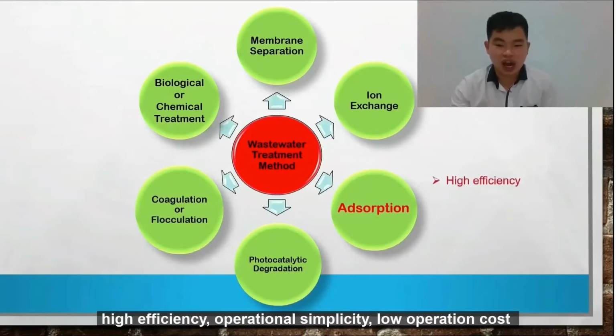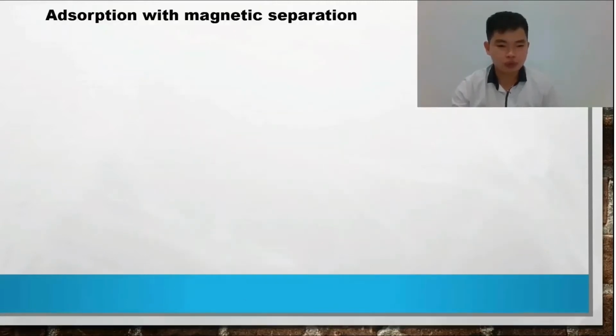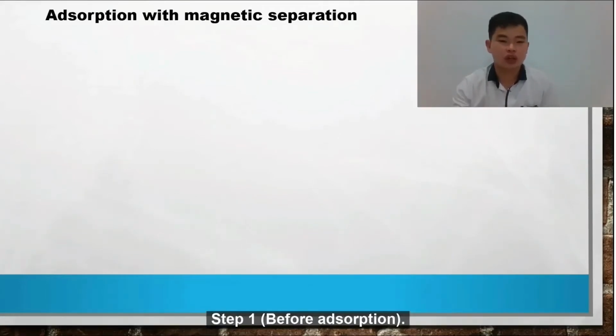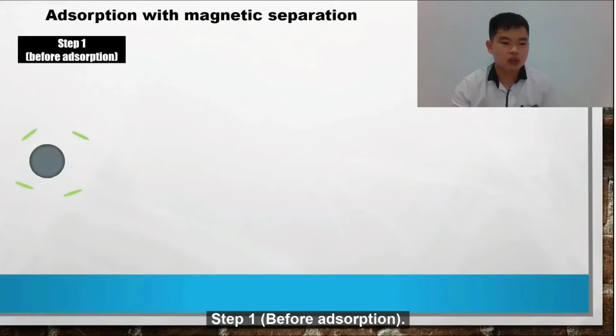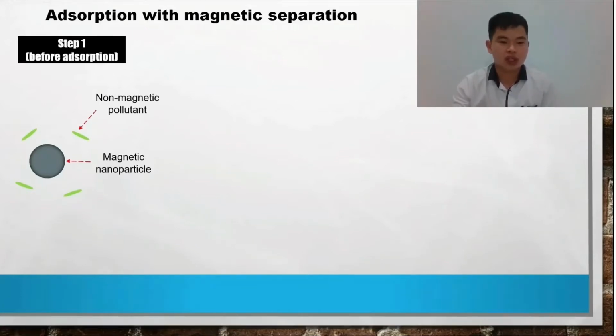due to its high efficiency, operational simplicity, low operation costs, and availability of a wide range of adsorbents in treating a bulk of pollutants. The adsorption with magnetic separation can be simplified into three major steps. Step 1. Before adsorption, magnetic nanoparticles are added into the solution which contains the non-magnetic pollutant. Step 2.